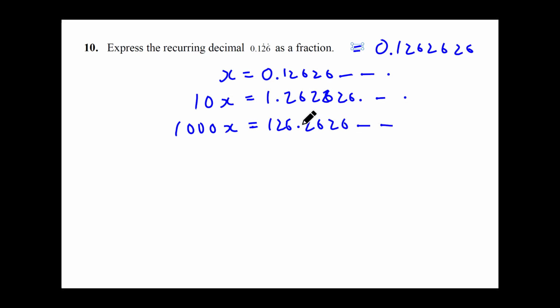Now this will allow us to cancel here. Let's just write that underneath so you can see. And this is a harder type question. So we minus here, and these types of questions are more common now.